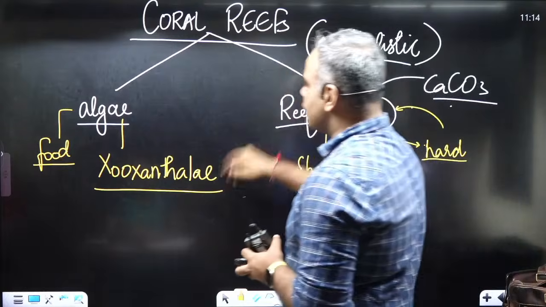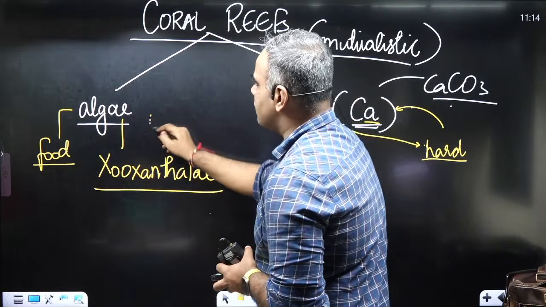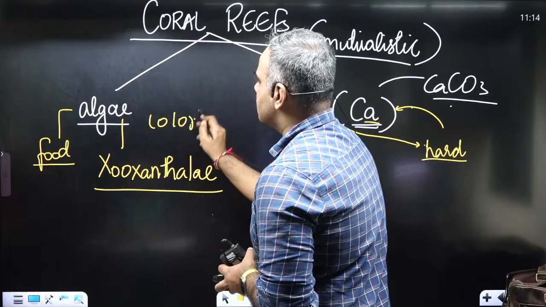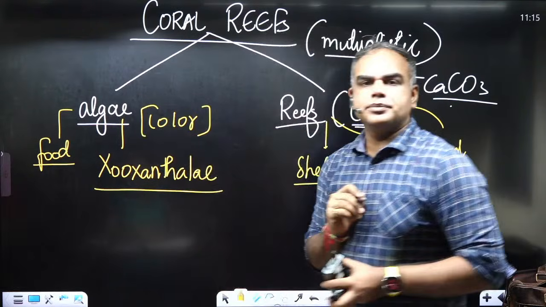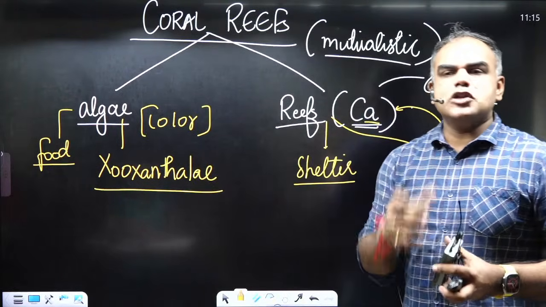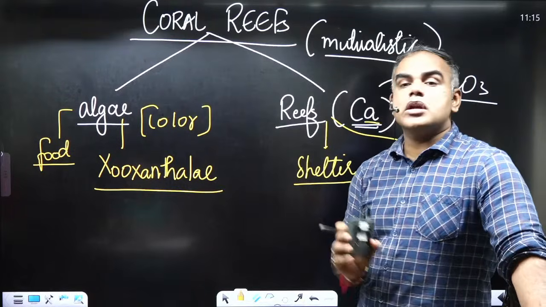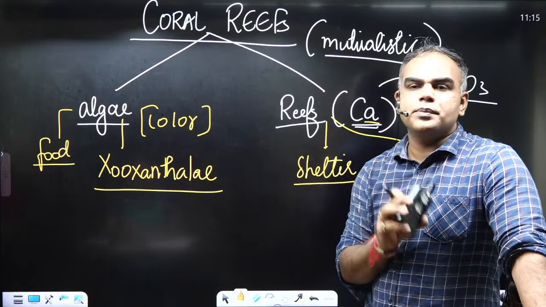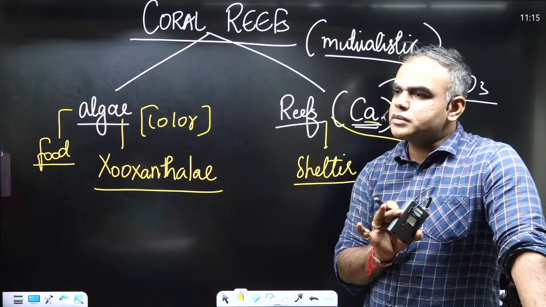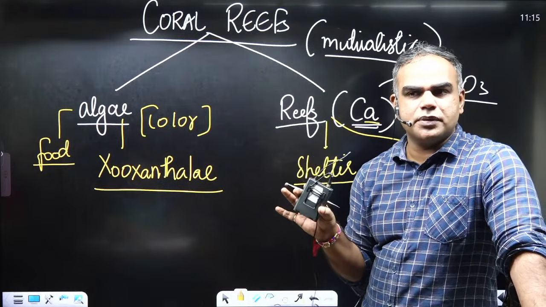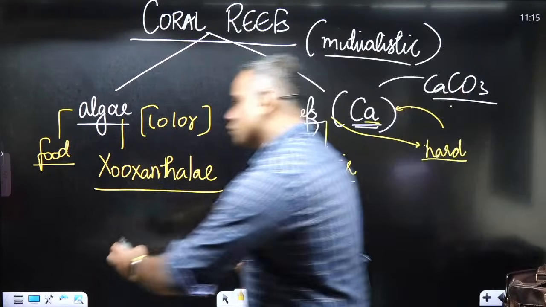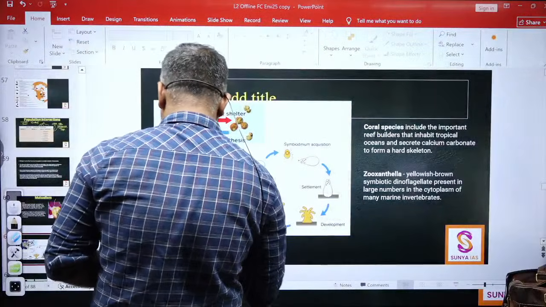Now, these coral reefs also get color because of the algae. And if you've seen the documentaries, if you've seen the images, reefs look very beautiful. क्या आपने coral reefs देखी हैं, even in images or movies, etc.? I'll again show this to you so that you're able to connect this better.